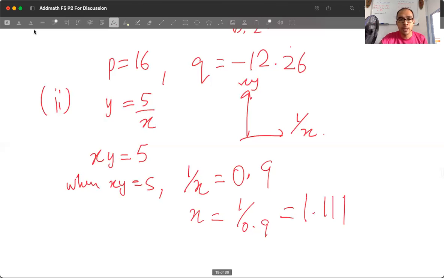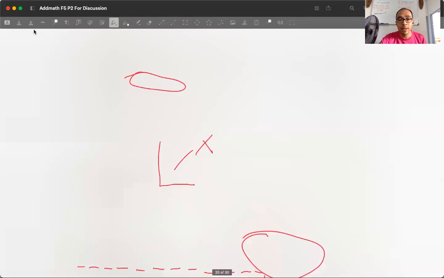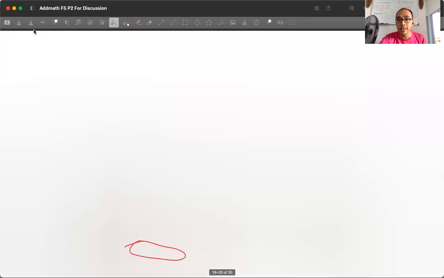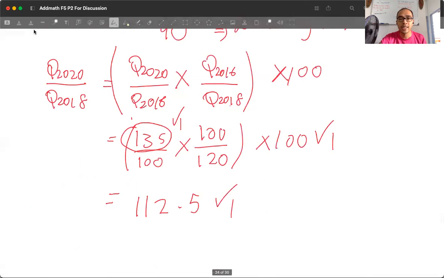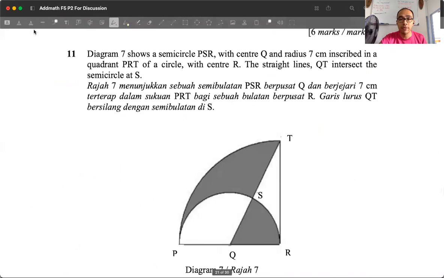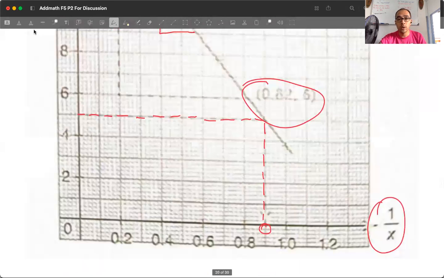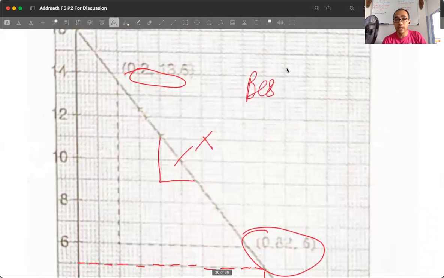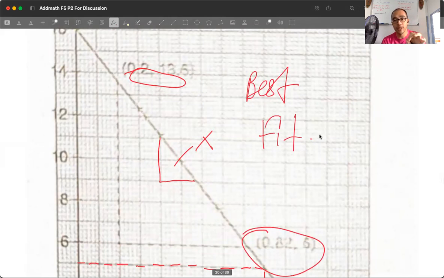Remember, dalam linear law, the thing that you should be aiming for is what we call best fit. Okay, every time you draw the graph, you have to ask yourself, is this graph best fit?